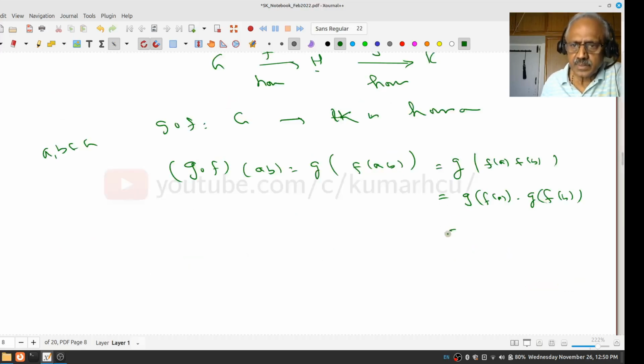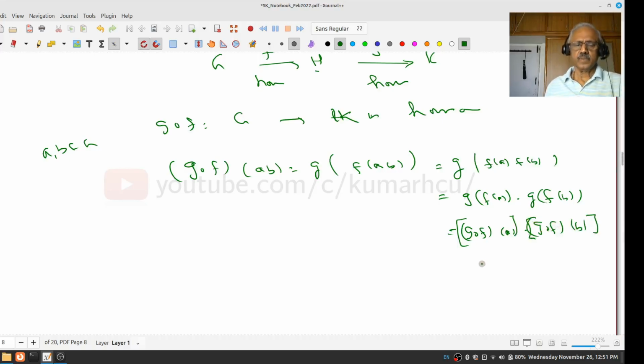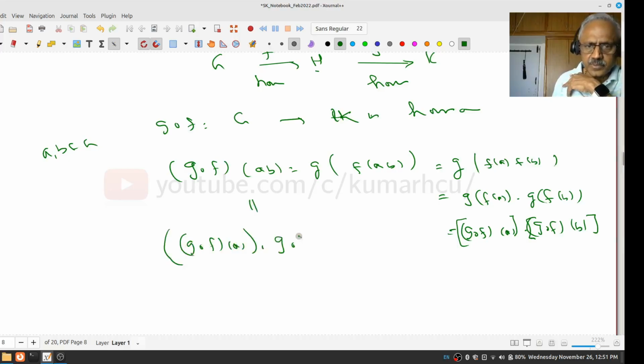That is the same as saying g composite f at a, this object, into g composite f at b, this object. Call this phi. Phi of ab is phi of a into phi of b. What is phi of a? g composite f at a. That's what we proved.